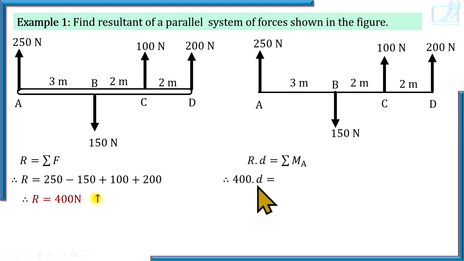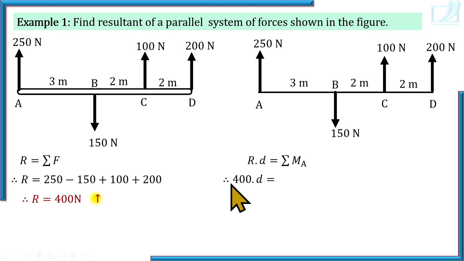So 400 into D. Now what is the direction of this moment, clockwise or anti-clockwise? Listen carefully. Right now we don't know where the resultant is. We are not sure whether the direction of the moment of the resultant about the chosen moment center A is clockwise or anti-clockwise. So we have not used a negative sign.